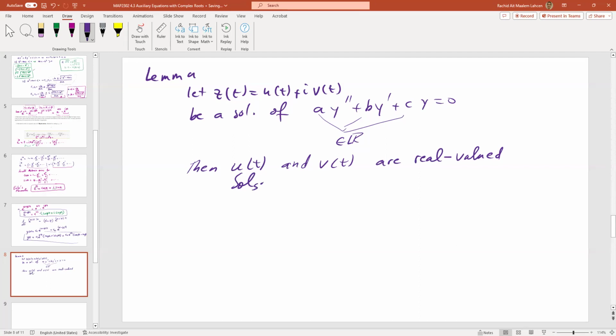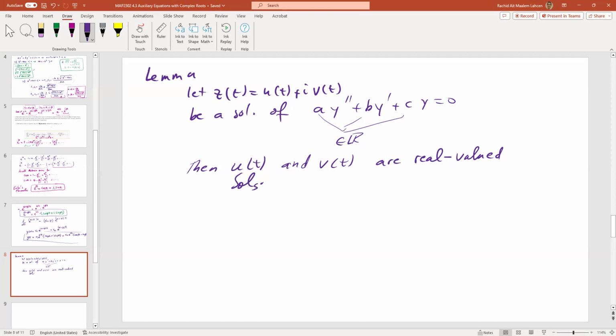And you will see why, because we run into this complex arithmetic, then we want to find some alternative pair of solutions, and this lemma suggests that if you have this, then u(t) and v(t) are real solutions, and there is a nice proof to it. It doesn't take too long to do.